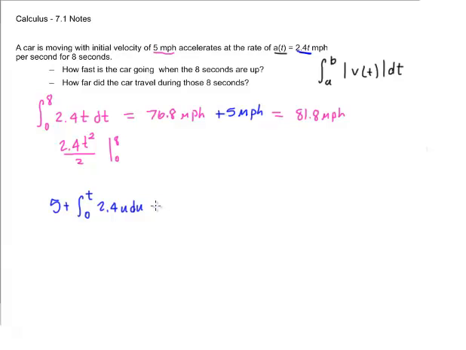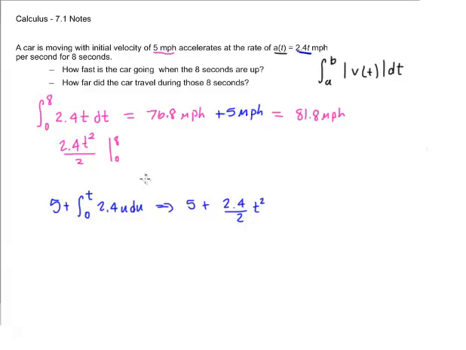And when we do this, we're going to end up with 5 plus 2.4 over 2 times t squared.